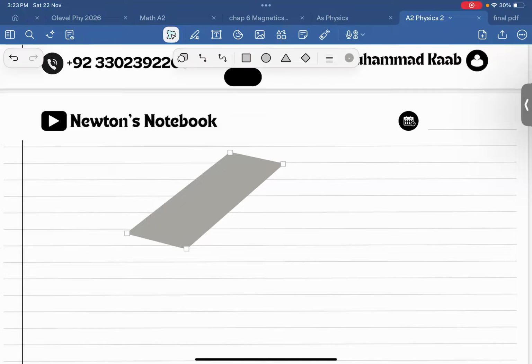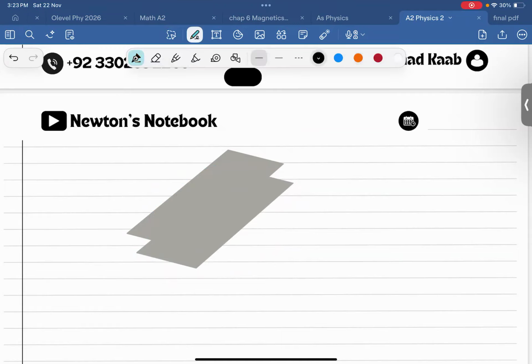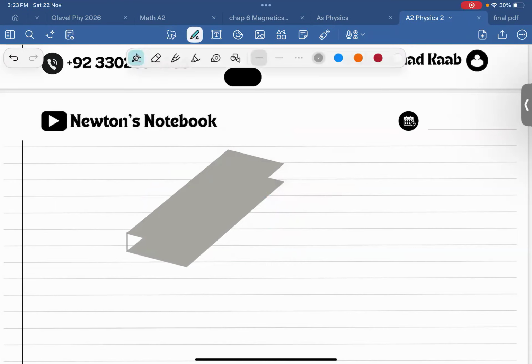Okay, so this is one, paste, and if I just copy it down to the other one, this is the other one, right? And this is the other one.